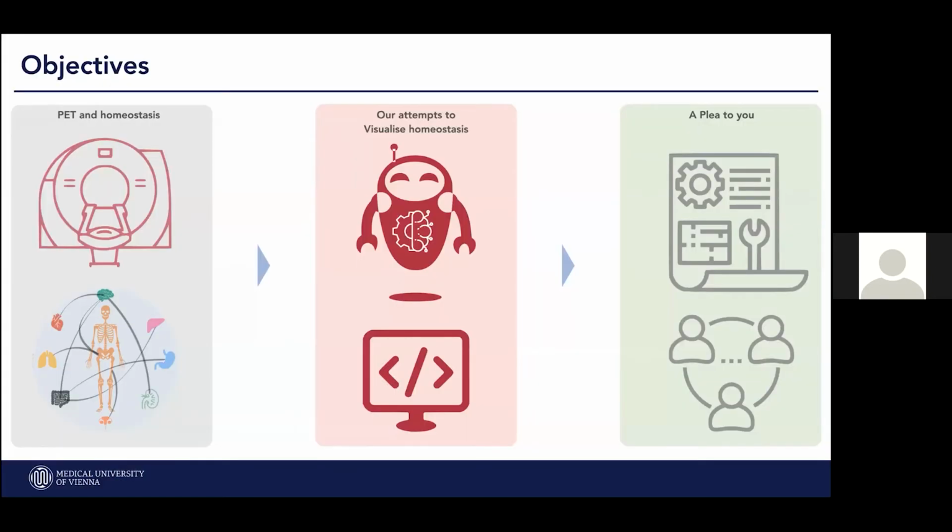The objective of our talk today is really to share with you our passion for PET imaging, which is a molecular imaging modality, and homeostasis as a basic principle to understand diseases better. We want to share with you, and this is really where Lalith is jumping in, our attempts to visualize homeostasis and perturbations thereof, which are indicative of diseases.